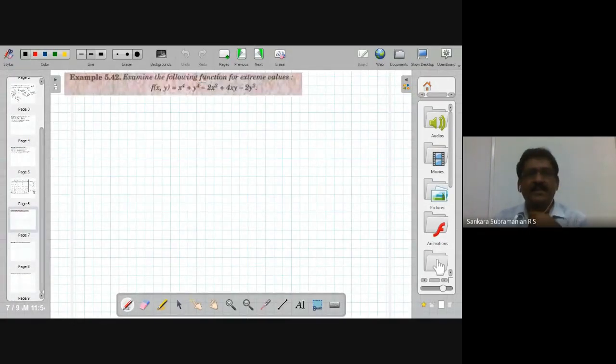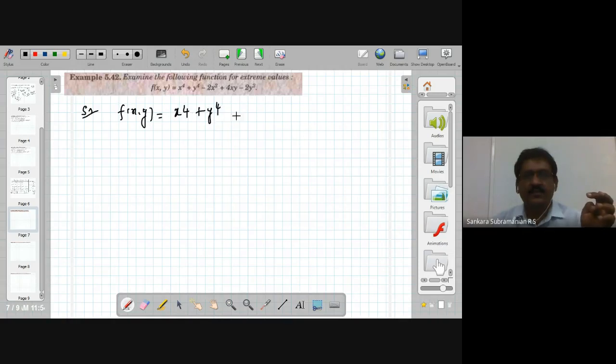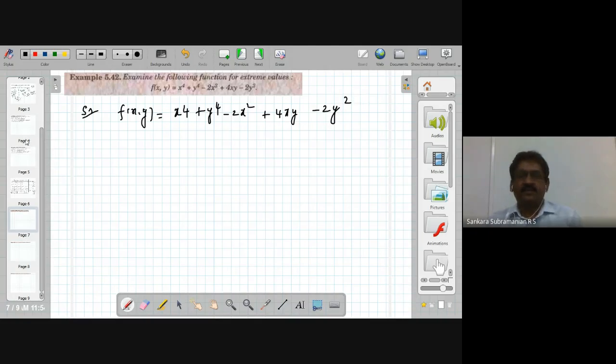Examine the following function for extreme values. f of x comma y is equal to x to the power 4 plus y to the power 4 minus 2x square plus 4xy minus 2y square. So let me do that problem now.